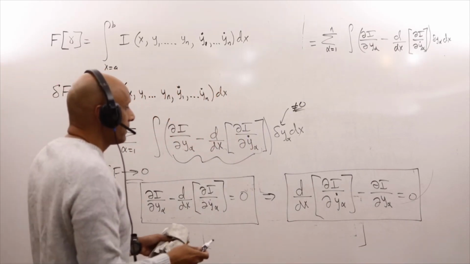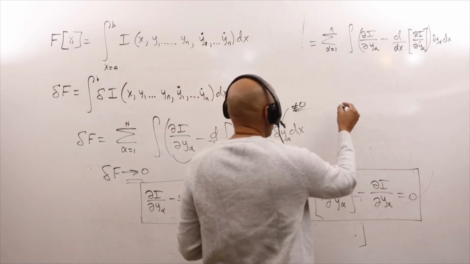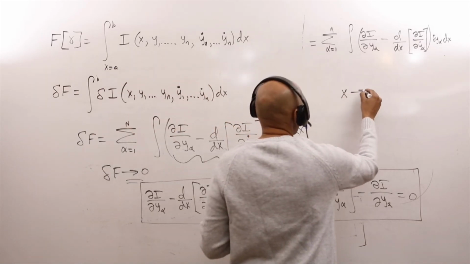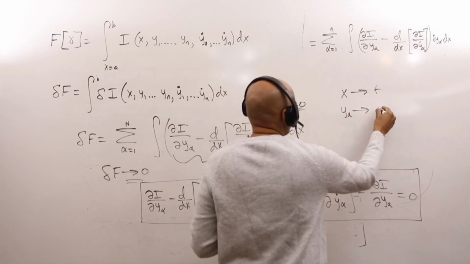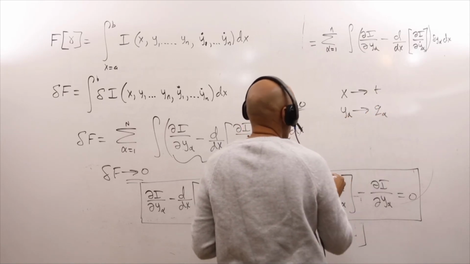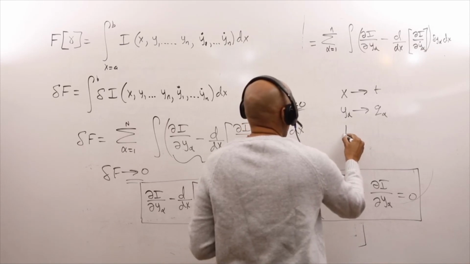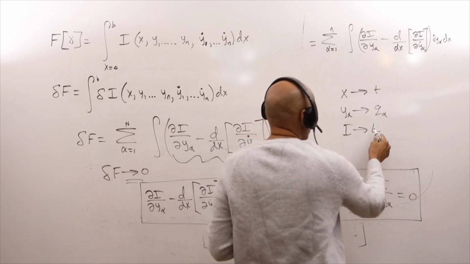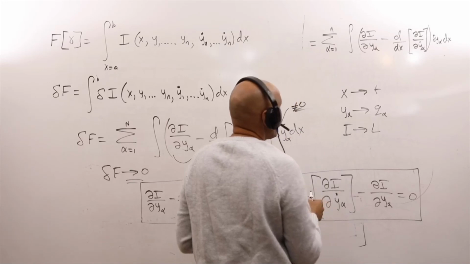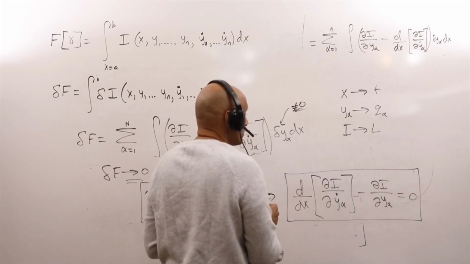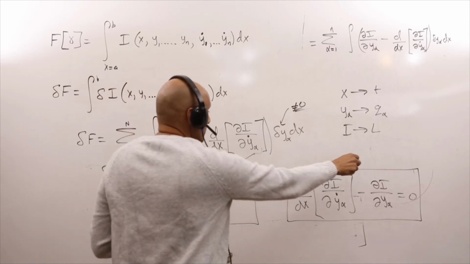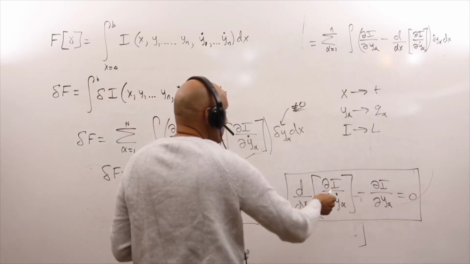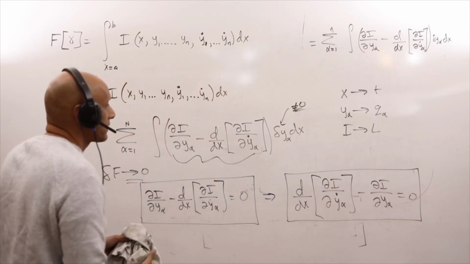And remember, this equation should remind you that when x is transformed into time, and y alpha coordinates are defined in terms of q alpha, and I is in terms of the Lagrangian, kinetic energy minus the potential energy, then we get the Lagrange equations of motion. So this is the standard equation that you should always use when you're looking at multiple variables.